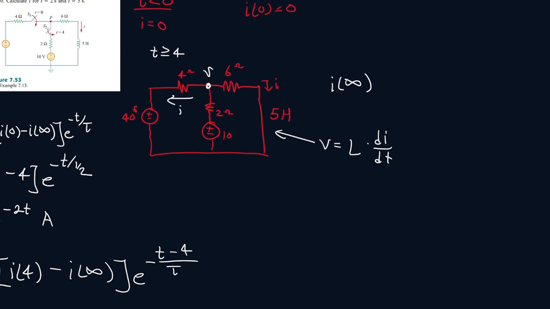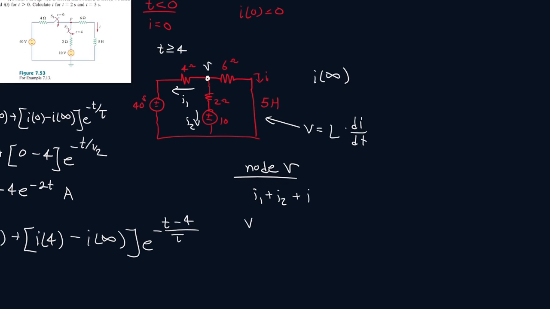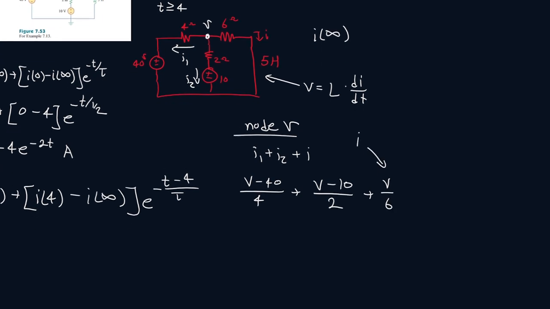So let's have a current here, I1, current here, I2. So node V will be I1 plus I2 plus I. So it will be (V minus 40) all over 4 plus (V minus 10) all over 2 plus (V minus 0) all over 6. And this is going to be our I value that we're going to work with.